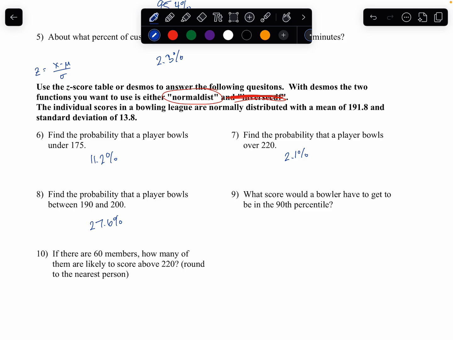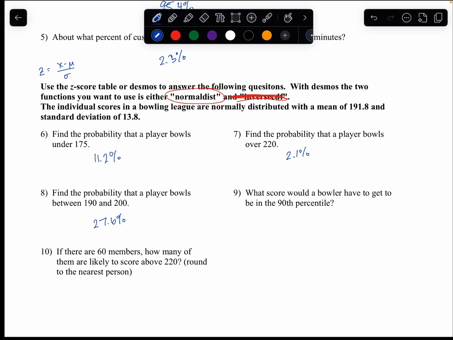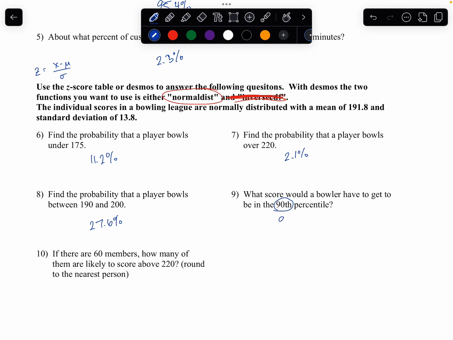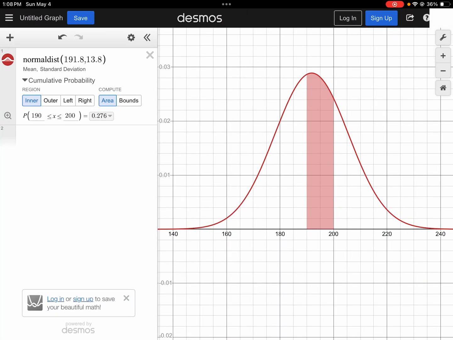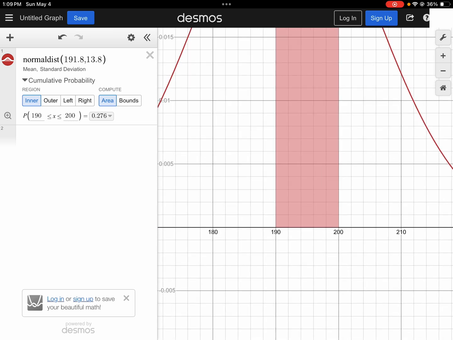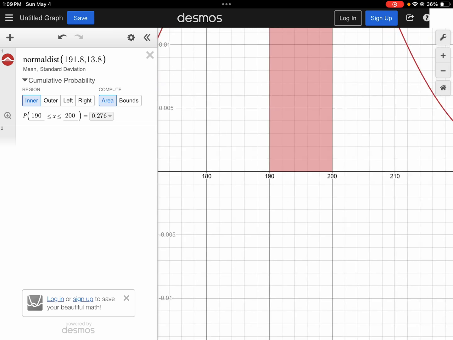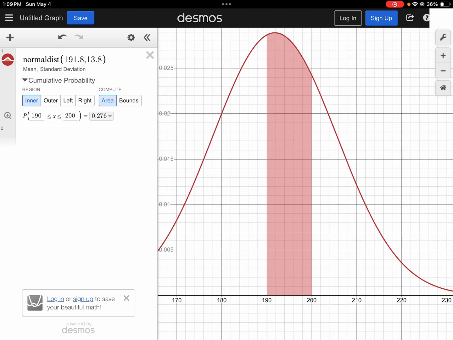So for this one right here, it's giving me that there is a 90% chance. So 90%. And so think about your normal distribution. It's asking what score. The scores are on the x-axis. And so like in Desmos, the scores between 190 and 200 are 27.6%.